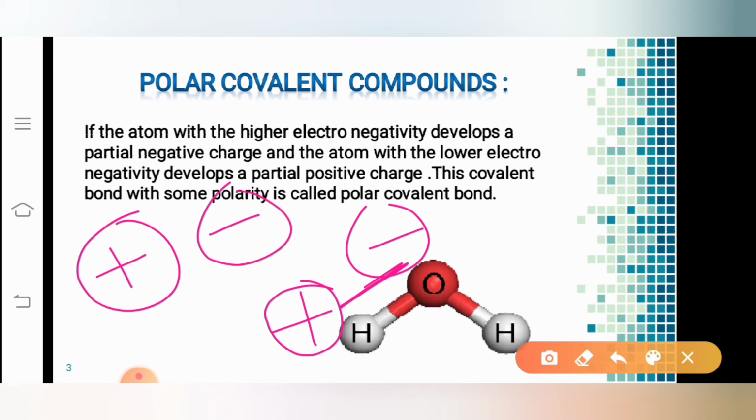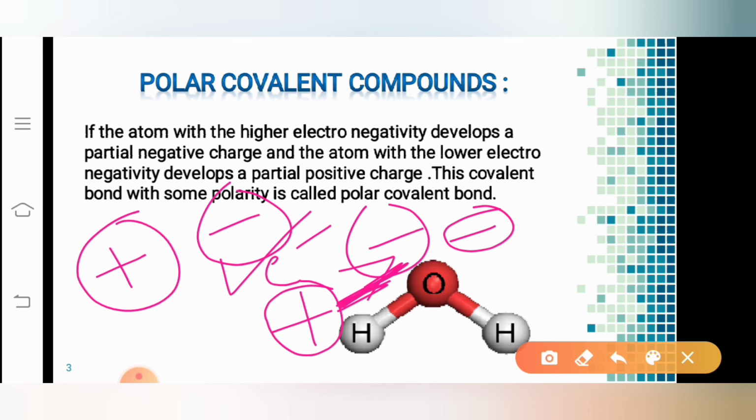Correct. If you look at the water molecule here, hydrogen is just giving one electron. Here it is sharing, but when we look at the polarity, it has one electron in its shell, so it is easy for it to donate. So its electrons are more attracted towards the oxygen. As oxygen has 6 electrons, it needs only 2, and its electronegativity is high, correct? And it needs 2 more electrons, and it develops the partial negative charge. Oxygen develops the partial negative charge.